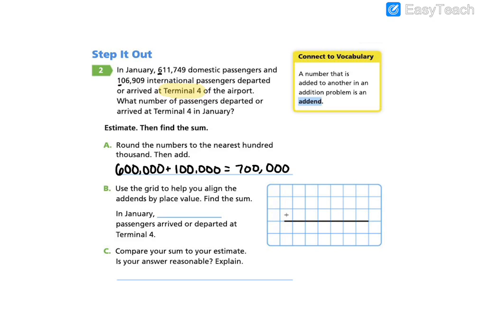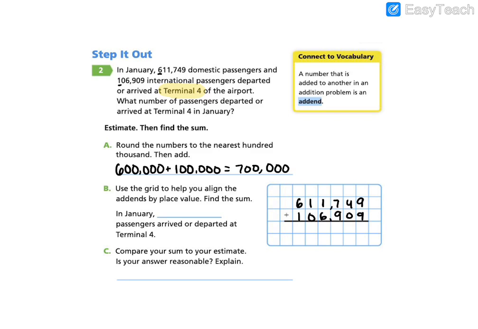We know that both of these numbers have a digit in the 100,000s place. So we know that we can align them in the 100,000s. So we have 611,749 and 106,909.